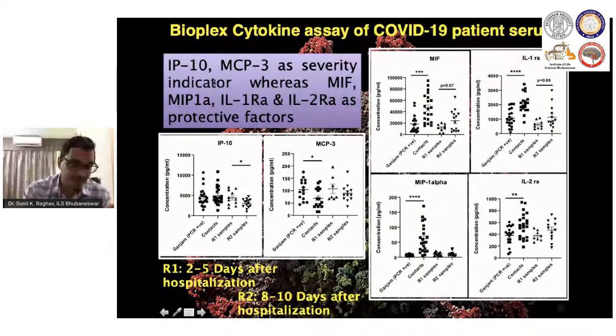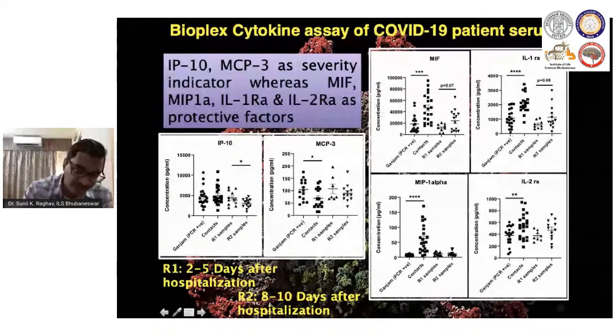If these proteins are very high in somebody, they can go into severe complication. Looking here, in the Ganjam PCR positive cases and contacts, there is not much difference in IP10. Whereas after recovery, the IP10 goes down, and similarly MCP3 also goes down, and in contacts we have less of MCP3.